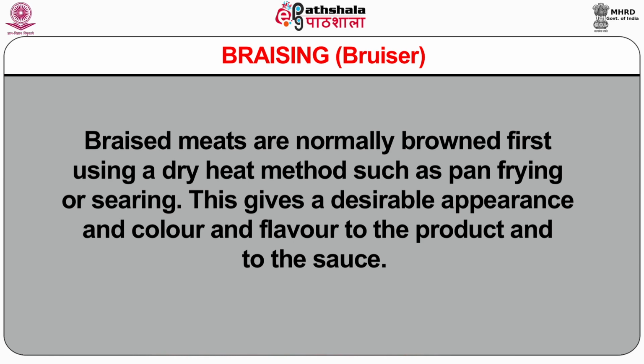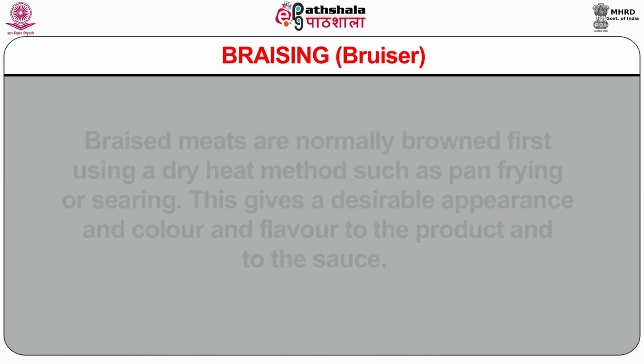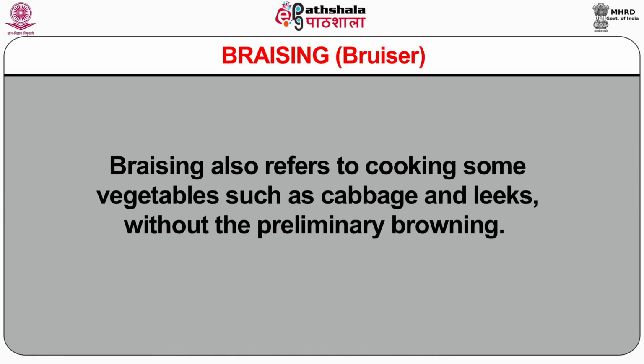This gives a desirable appearance, color and flavor to the product and to the sauce. Braising also refers to cooking some vegetables such as cabbage and leeks without the preliminary browning. Food being braised is not completely covered with the liquid during the cooking process. The top of the product is normally cooked by steaming.